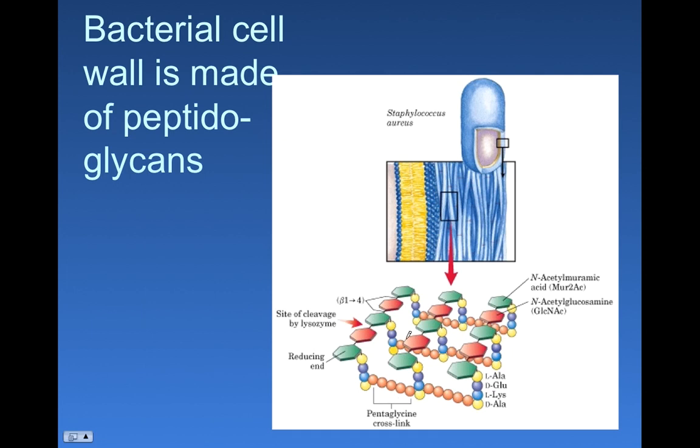Now, if we look at the peptidoglycan in the bacterial cell wall, this is a staph bacteria. We can see that we have these long polymers of NAM-NAG that make up the sugar, which is the main part of the peptidoglycan. But these long polymers of NAM-NAG, shown here in red and green, are sort of cross-linked to each other with short amino acid sequences. Right?